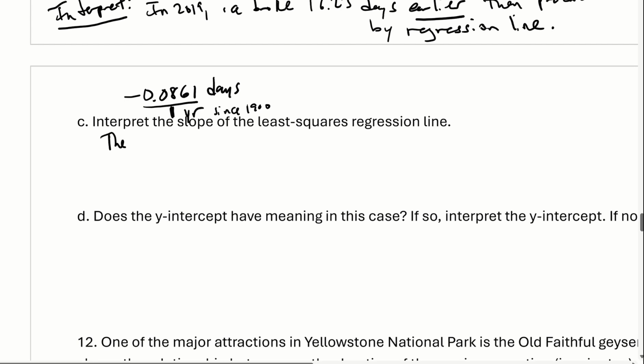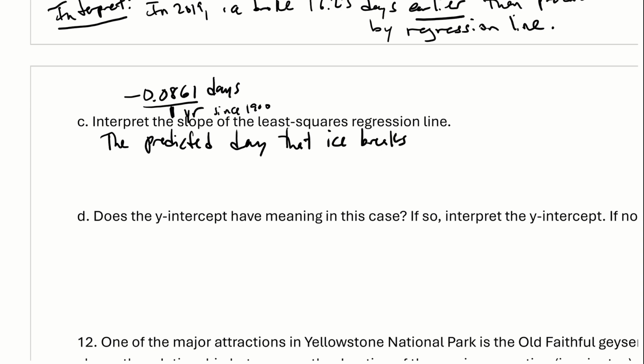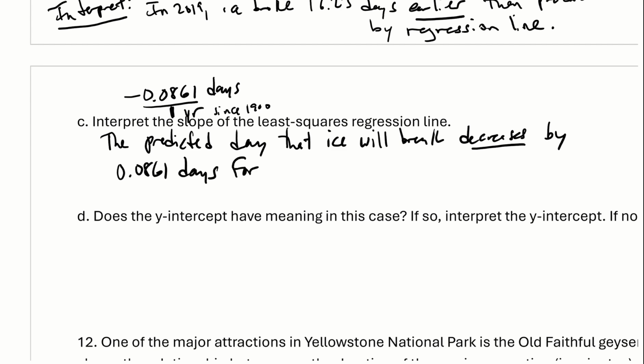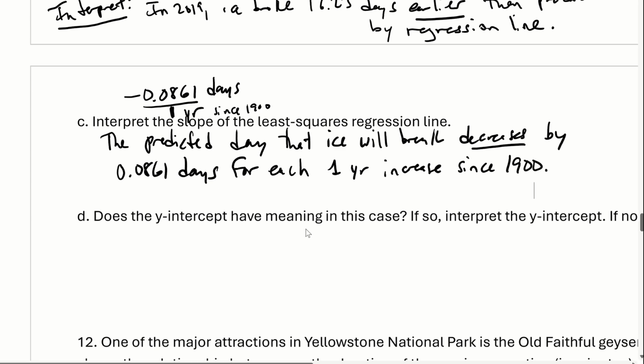The predicted day that the ice will break decreases, because it's negative, right, by 0.0861 days for each 1 year increase since 1900. Okay, so that's how you interpret the slope.